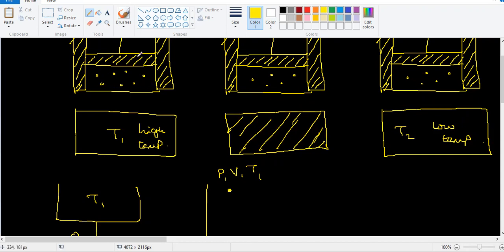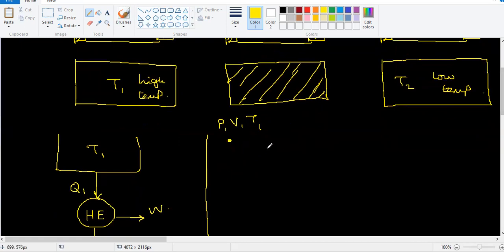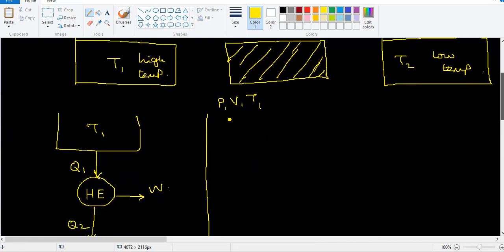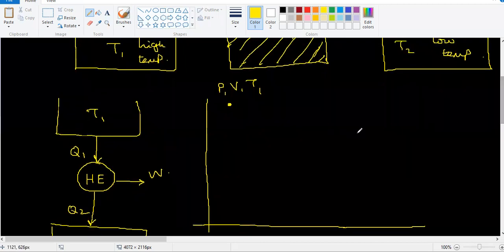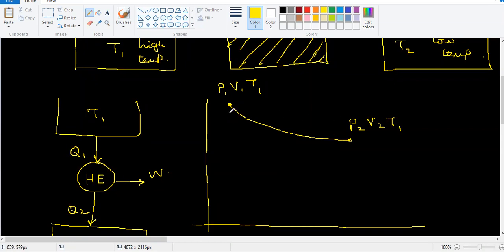Since it is fully insulated on all the other sides, the heat cannot go out. So this is what we call heat absorbed isothermally in this process 1. It's coming to P2, V2, T2. Or sorry, isothermal, which means it is still the same temperature. So this is isothermal expansion.